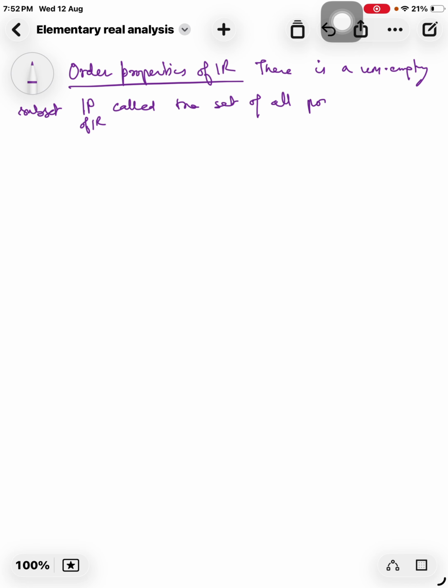And for this, what we do is we first define a set, a non-empty subset P of R, and we call it the set of all positive real numbers, such that, so what is the speciality about elements of this set?